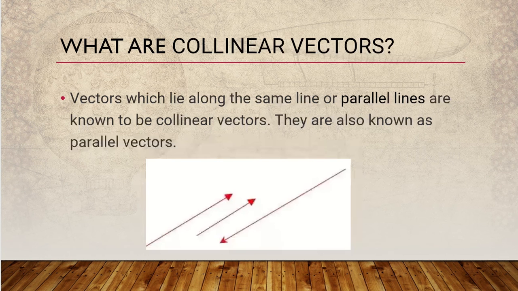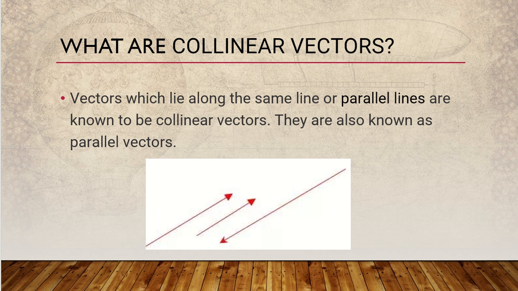Next category is collinear vectors. What are collinear vectors? The vectors which lie along the same line or parallel lines are known as collinear vectors. They are also known as parallel vectors.